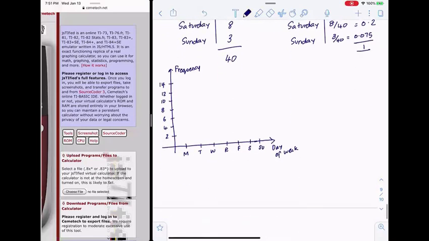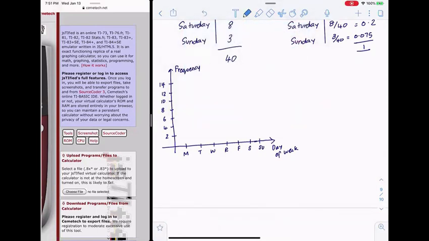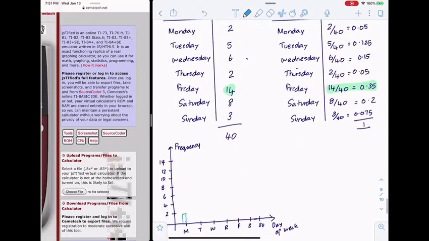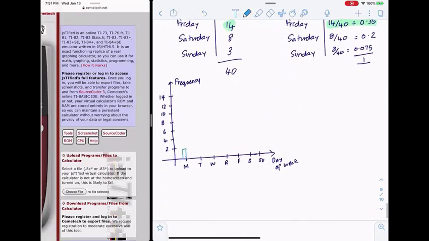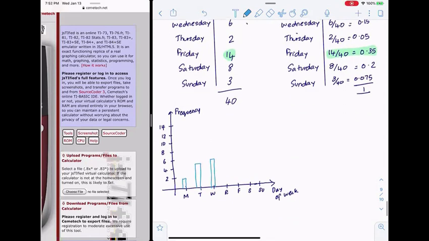Monday, we have about 2, so Tuesday, we have 5. Wednesday, we have 6. Thursday, we have 2.